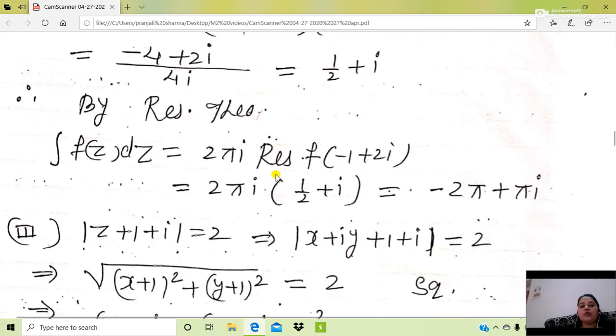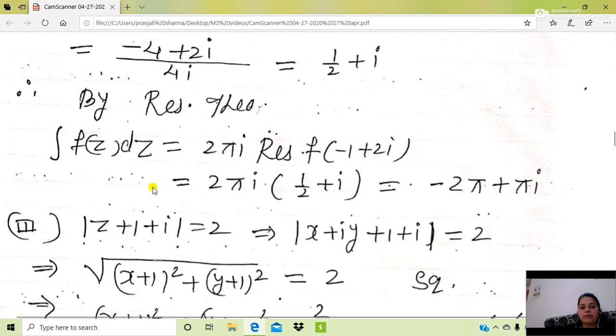So by residue theorem, the integration of f(z) dz is equal to 2 pi i into residue at pole. We have only one inside pole, so it will be 2 pi i into residue of f at minus 1 plus 2i. So by putting the value of residue, our integration will be minus 2 pi plus pi i. So this is our second integration.